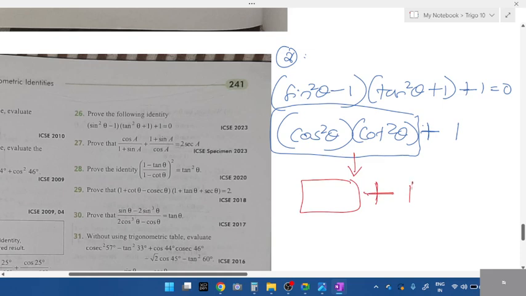Plus 1. If plus 1 is given here, what are we supposed to get? Minus 1 so that it becomes 0, right? And this is how we have to think. We already have plus 1. We have to get minus 1 on the left hand side. Think and answer. cos square is given, cot is given. How will you solve? I'll keep cos square as it is. What is cot square?